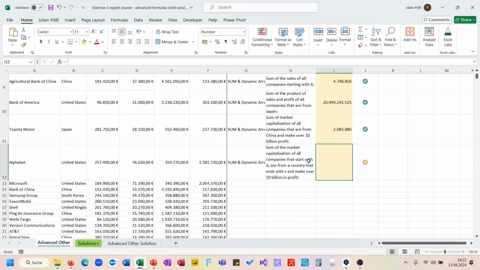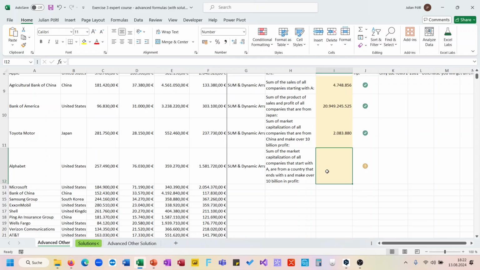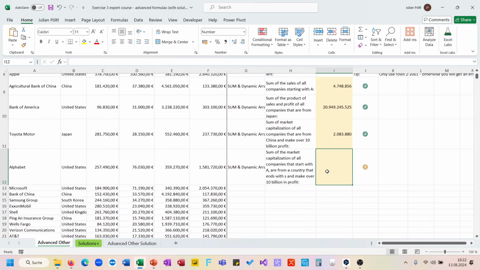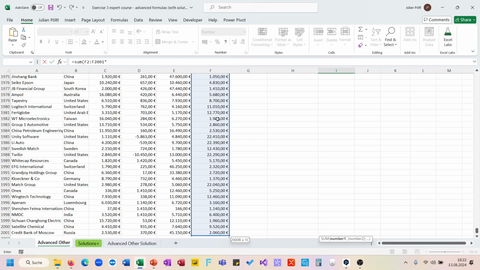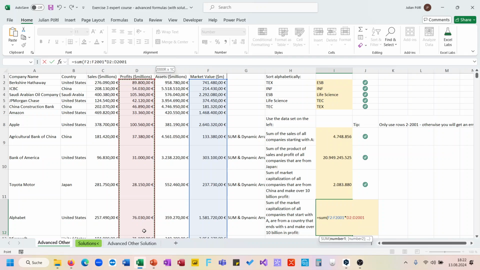And then the sum of market cap of all companies that start with A, that are from a country that ends with S, and make more than 10 billion in profits. So sum the market cap if it makes more than 10 billion in profits.